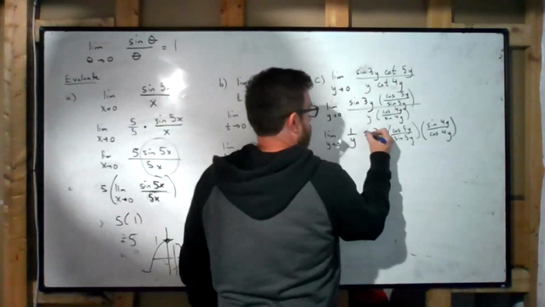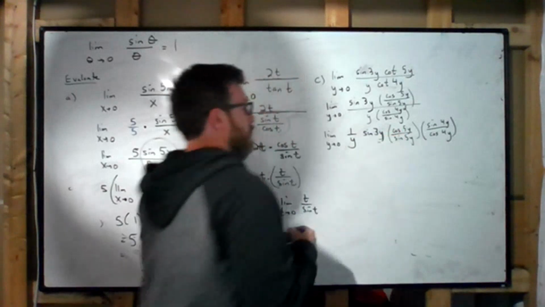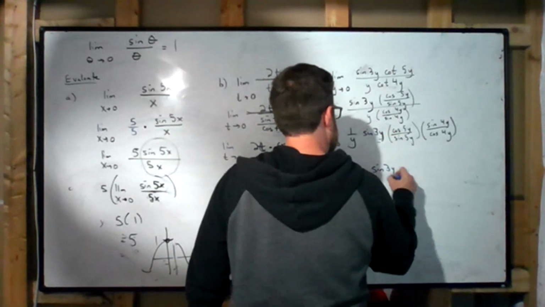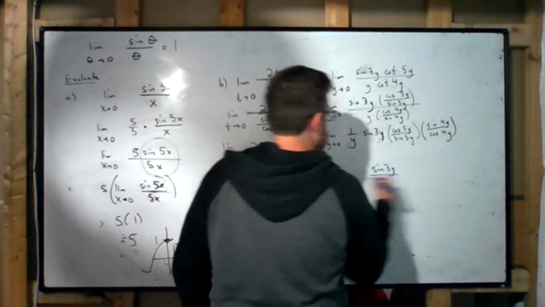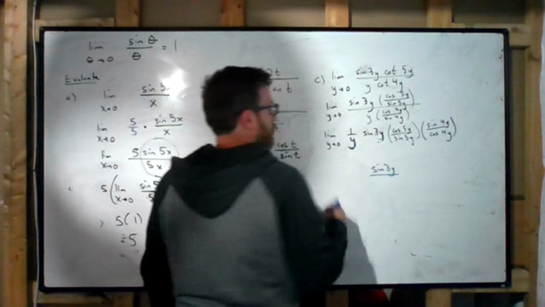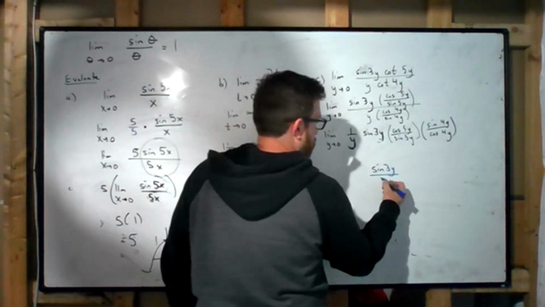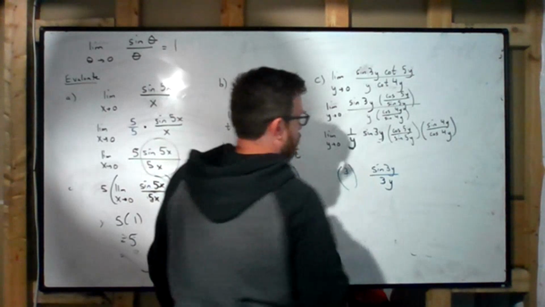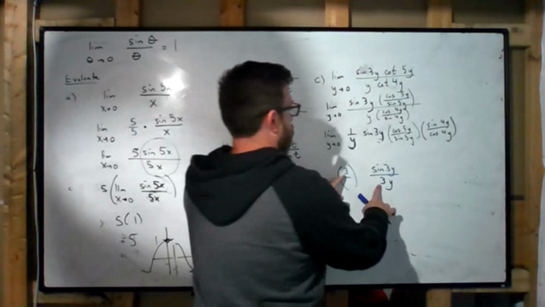Here I have a sine of 3y, so I want a 3y on the bottom as well. First thing I can do is take this y, and that would be good. But I'm going to need a 3 on the bottom. So if I multiply the bottom by 3, I'm going to have to also multiply the top by 3. So I'm going to keep track of everything right there. So this is that 3 over 3.